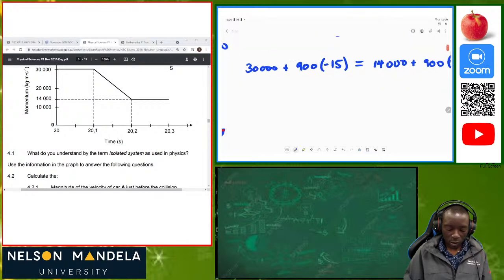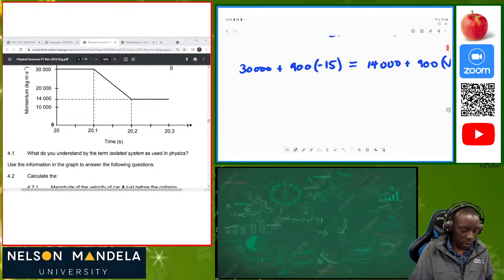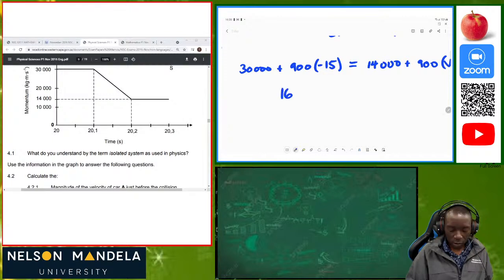So what does that mean? Do the mathematics. You can try it on your calculator on your own. 30,000 minus 900 by 15 is 16,500. 16,500 minus 14,000 equals 900 times VB final. And what is 16,500 minus 14,000?